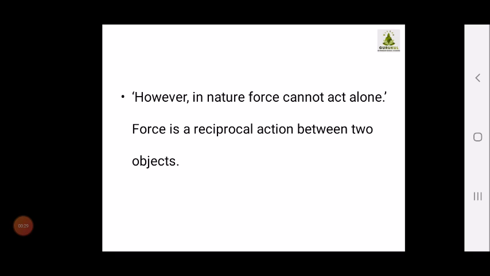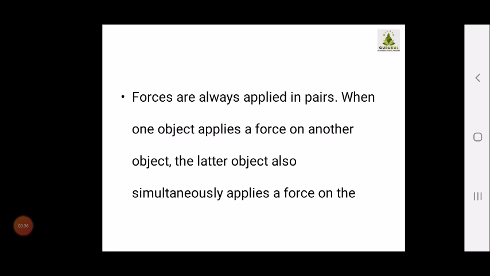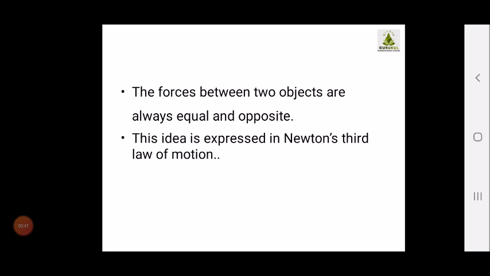Force is a reciprocal action between two objects. So forces are always applied in pairs. When an object applies a force to another object, the latter object also simultaneously applies a force on the previous object. Hence the forces between two objects are always equal and opposite.